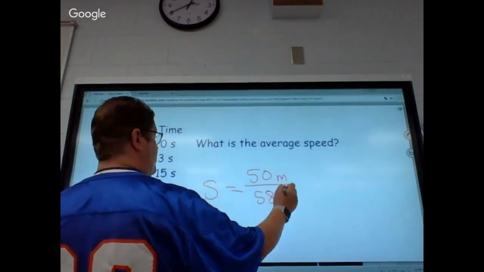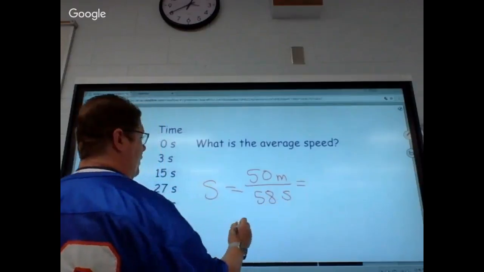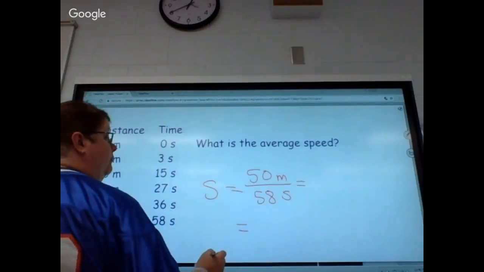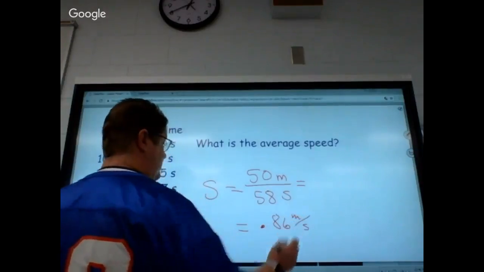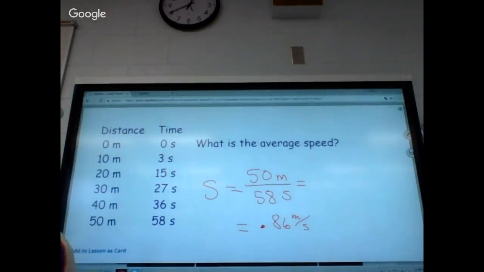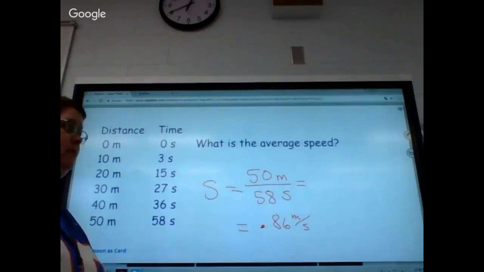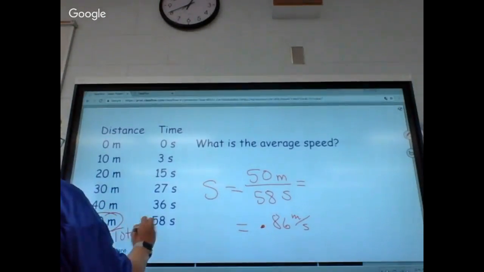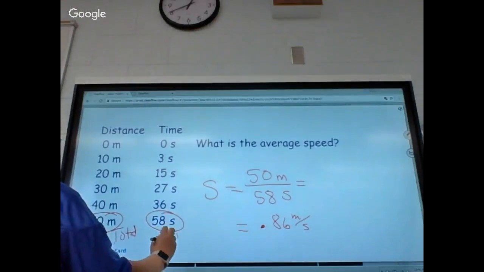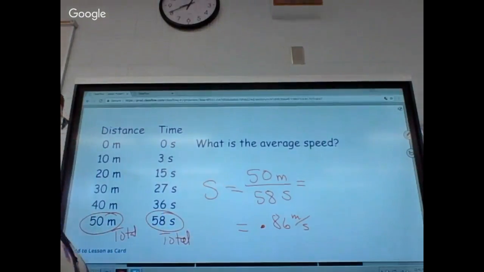So we have meters over seconds, which gives us 0.86 meters per second. Now, my guess is that maybe some of you added the distances and then added the times. Do we need to do that? No, we don't. This is the total distance. That's the total time. And you just plug it in.